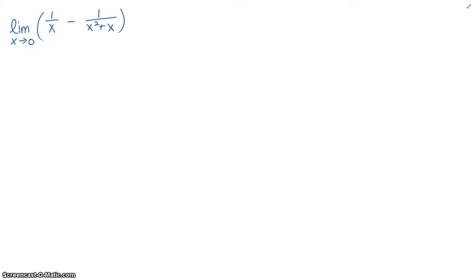Another indeterminate form is when we have the limit of two fractions and both fractions are approaching infinity. In this particular case, when we plug in 0 for x, we actually get a case of infinity minus infinity, which falls into the indeterminate form. What we are going to do is look at how to make these two fractions into one complete fraction. So in this particular case, we're going to say the limit as x approaches 0 of 1 over x minus, and if we put this in factored form, we can see that all we need to do is multiply one of the fractions by x plus 1.